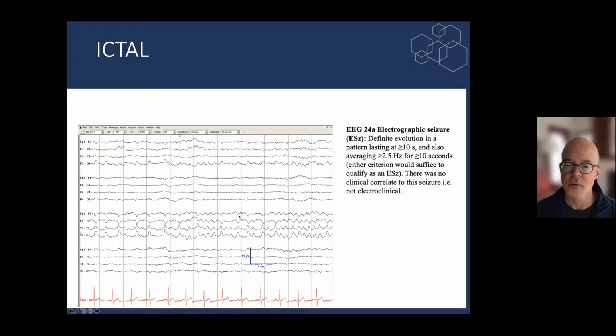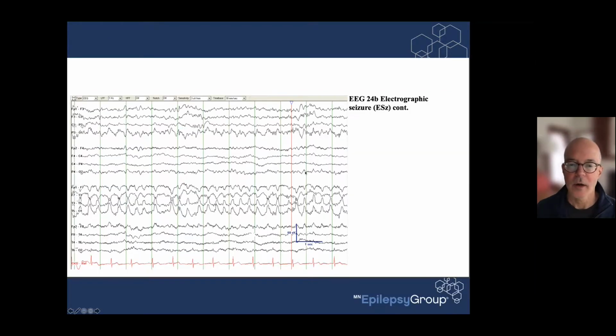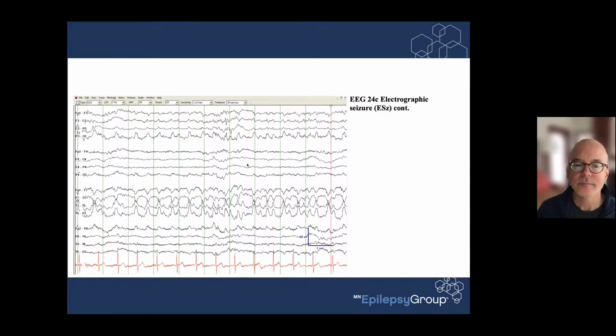Also, the distribution is evolving, where it's becoming more widespread. Here it's even more widespread, involving areas beyond these more temporal regions, getting into more of the central chain. So again, more of a clear-cut electrographic seizure.